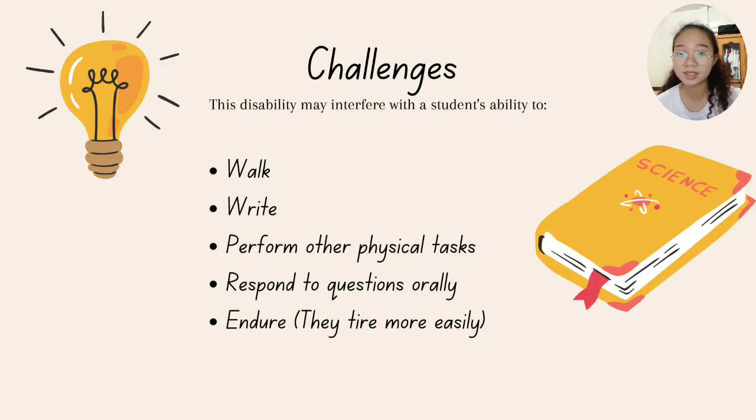It might also affect the student's ability to communicate with others, hindering their ability to respond to questions orally. Furthermore, they might also have additional disabilities that can affect their educational performance, including mental retardation, learning disabilities, perceptual problems, distractibility, disorganization, visual motor deficits, restlessness, and visual abnormalities.